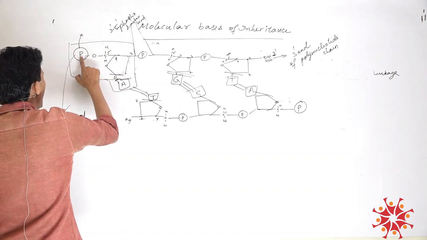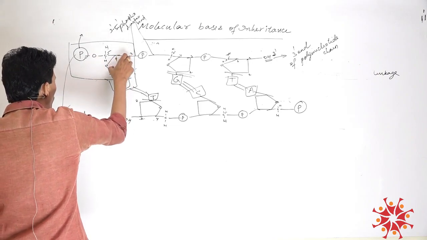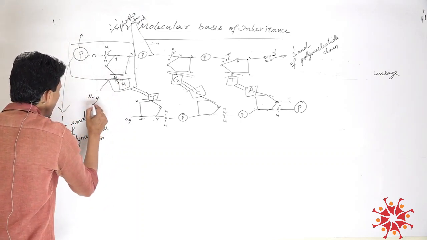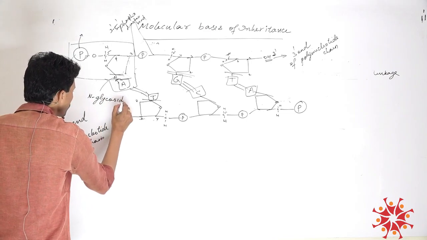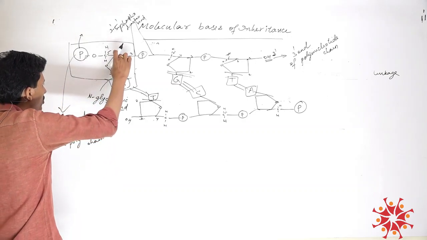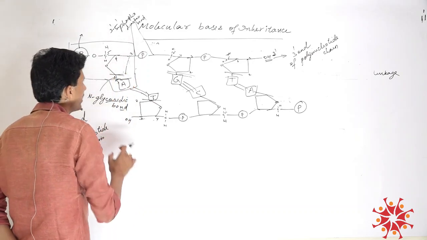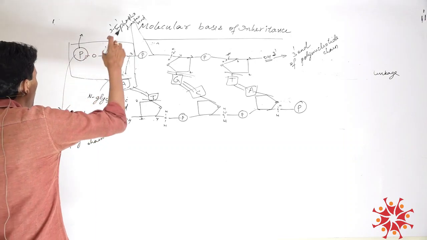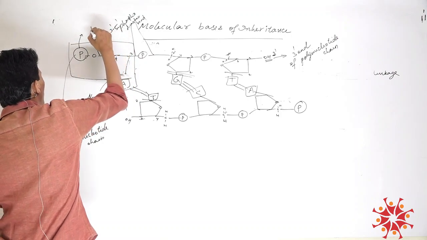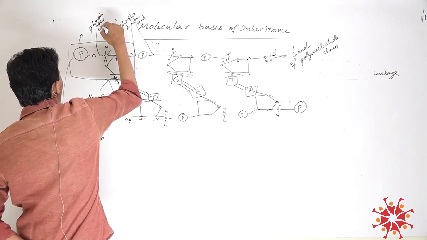The pentose sugar is also attached to the nitrogenous base, and this bond is called the N-glycosidic bond. So the pentose sugar is attached to the nitrogenous base by the N-glycosidic bond, and to the phosphate group by the phosphoester bond, right?